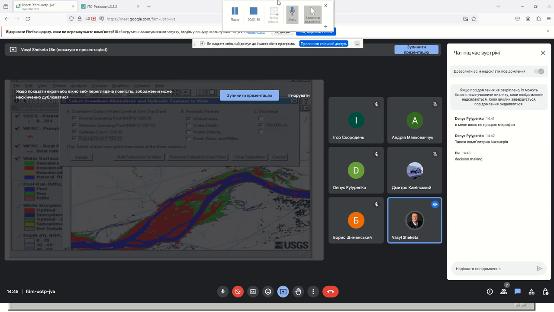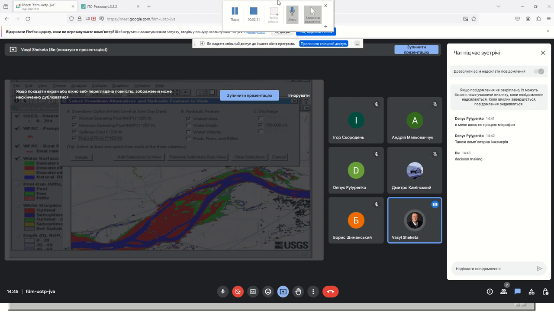So before starting making some decisions, we need to define the subject domain of decision making.